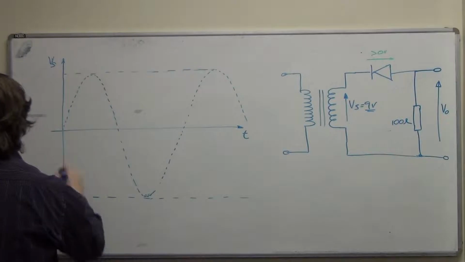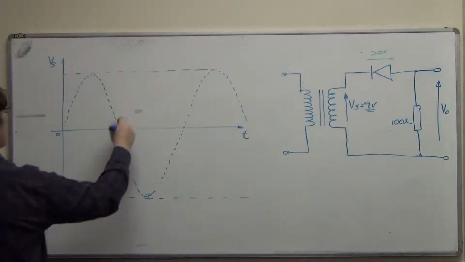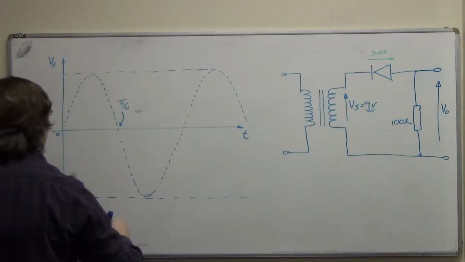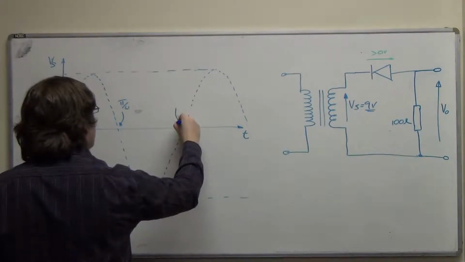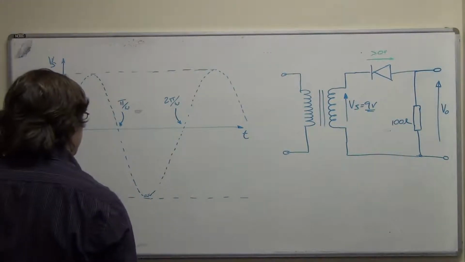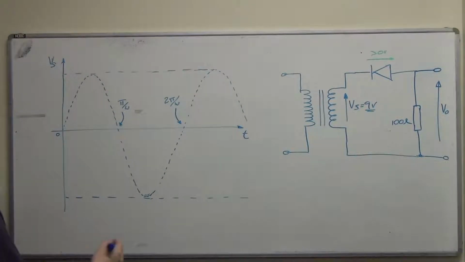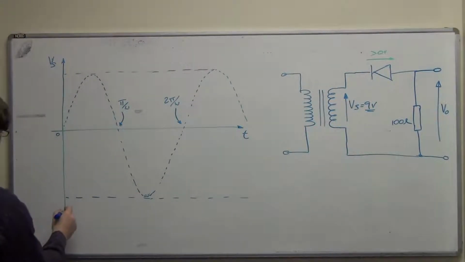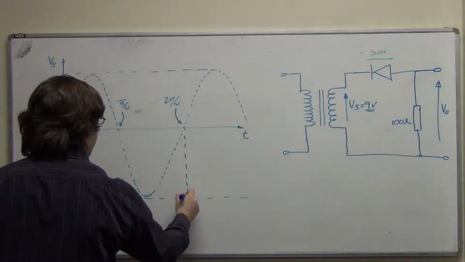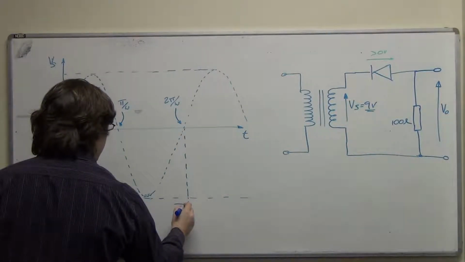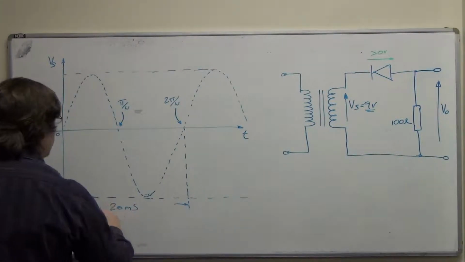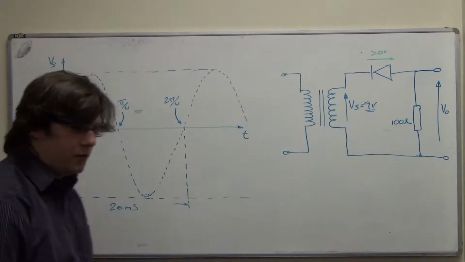We'll be able to say that this is 0, this is pi upon omega, and this is 2 pi upon omega, where omega is the angular frequency, which is 2 pi times f. And the period, or the distance between there and there, should be 20 milliseconds, or 2 pi radians, if you prefer.